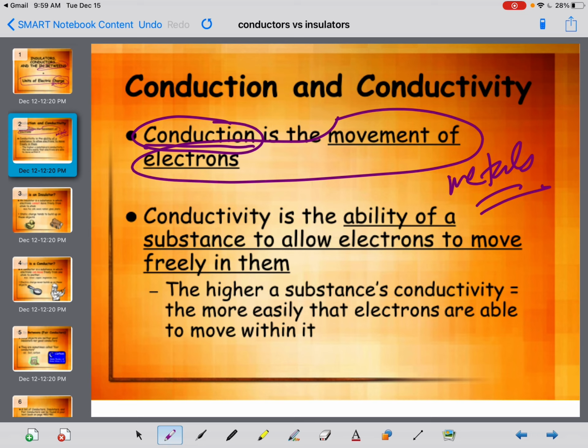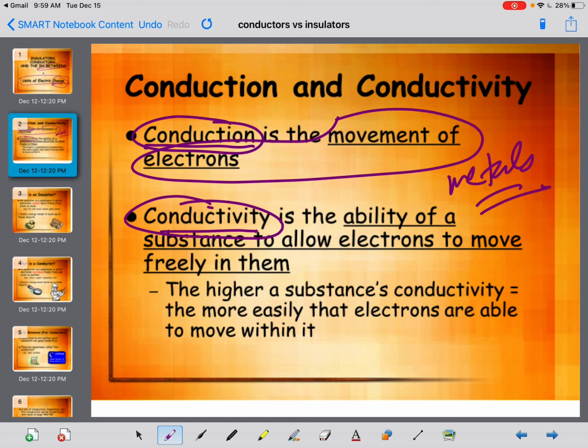Conductivity is the ability of the substance to allow electrons to move freely in them. They're very similar. Conduction is the actual movement, and conductivity is the ability of something to have electrons move in it. This is a type of physical property. By saying metals have conductivity, we're describing the physical property of that substance.